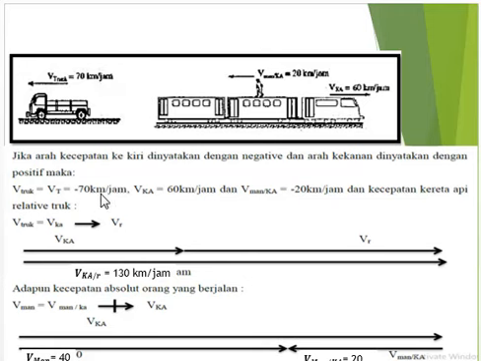Velocity of the train is 60 km per hour, and then velocity of the man relative to the train is minus 20 km per hour.